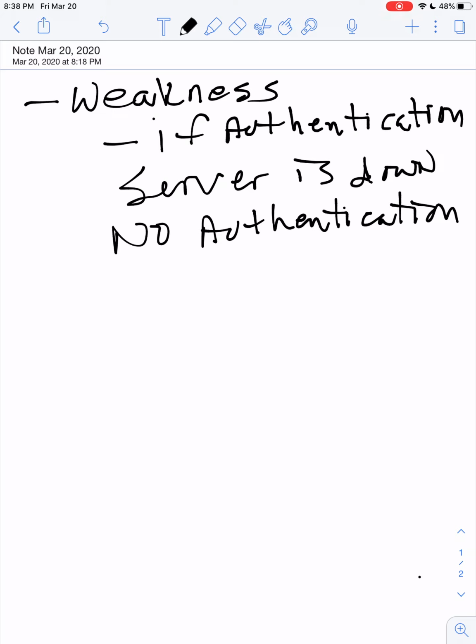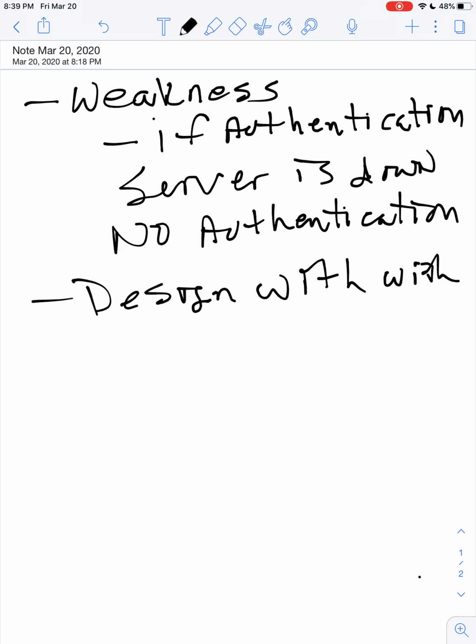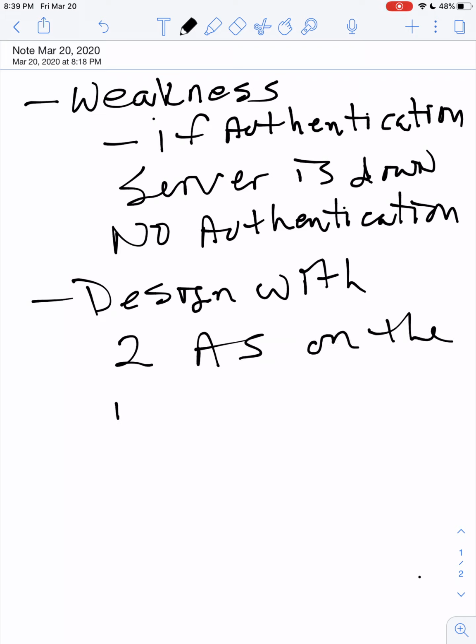So when you're designing this, design this with two authentication services on the network.